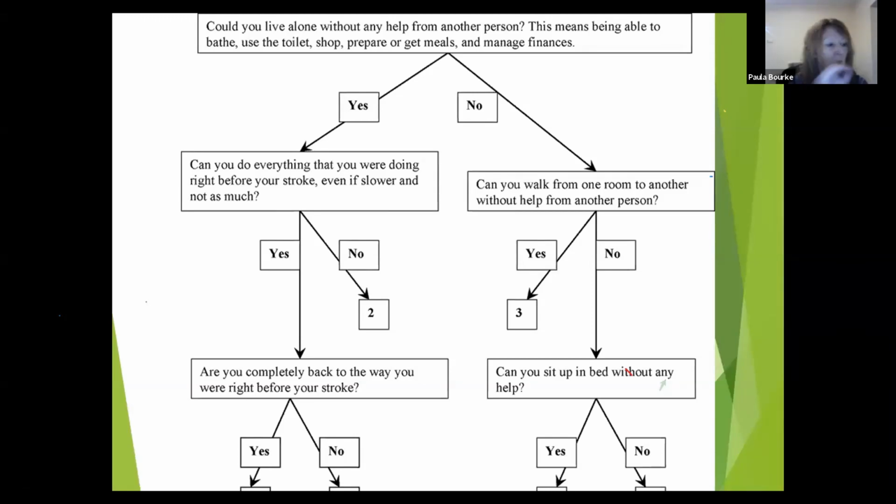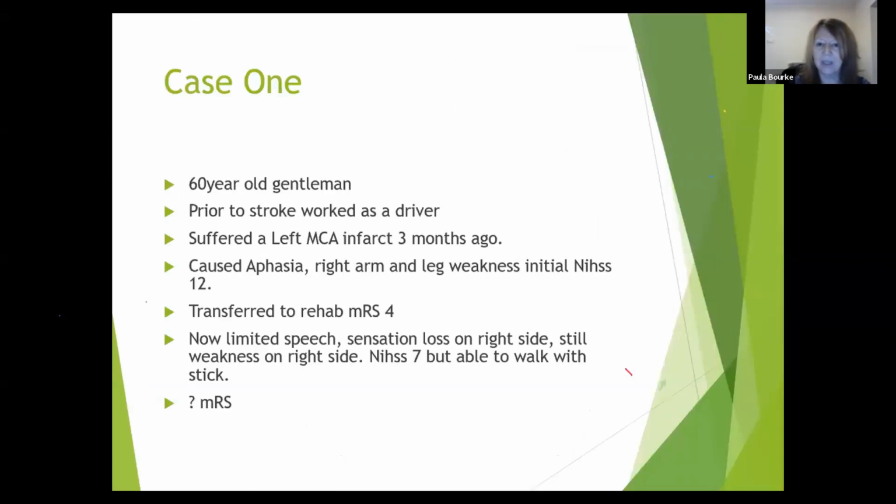I know it's only one number, but it is a huge step in this gentleman's life because he can now look after himself for some time. He can walk from one room to another. He can get himself to the toilet, which is a huge leap in his lifestyle and quality of life.